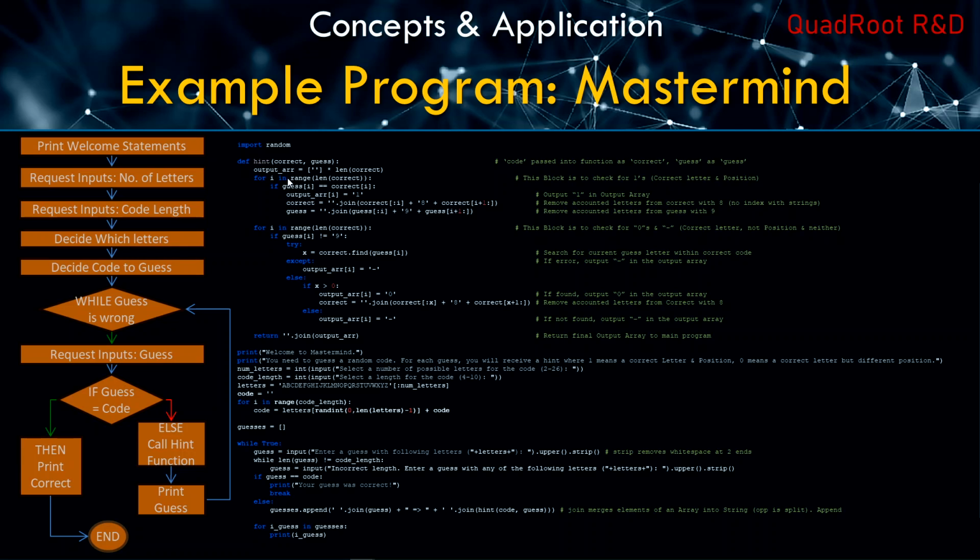So when checking for the correct letter and position, we put a loop through each letter where the range is the length of the correct, which is the code, which is in this case 4. So it will run through 4 iterations. If the guess of the first letter is equal to the correct, then we output 1. Pretty straightforward, in the output array, which is ultimately going to be output over here.